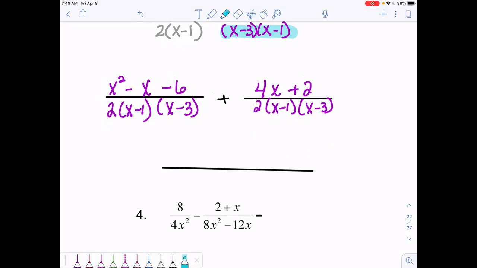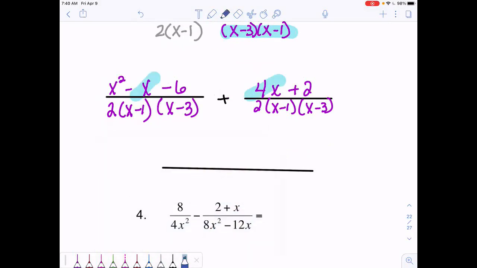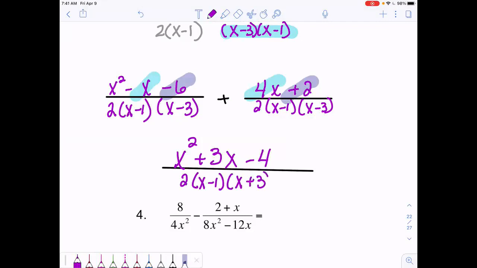Which ones are like terms? And then we have that x squared. So this becomes x squared. Okay. And then down here we have a 2, an x minus 1, and an x plus 1.